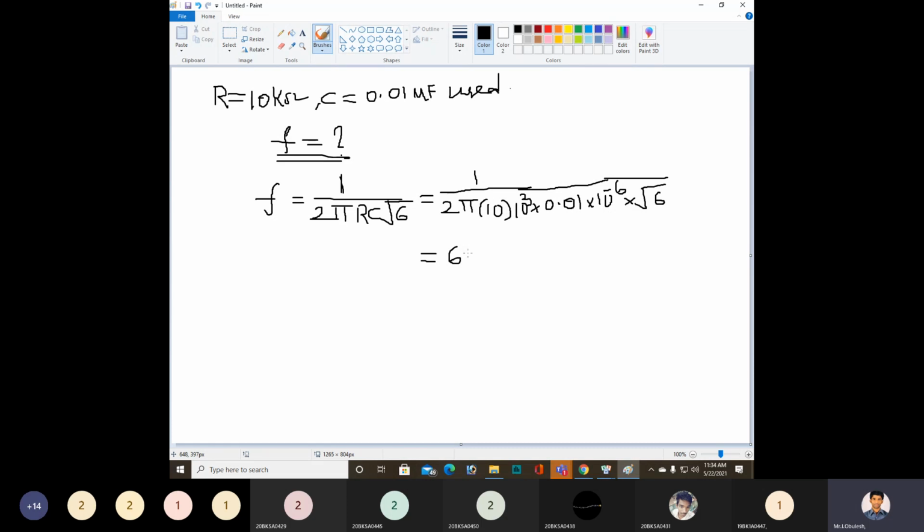You need to do the calculation. After doing the calculation, you will get 6.497 kilohertz. This is the frequency of oscillations.